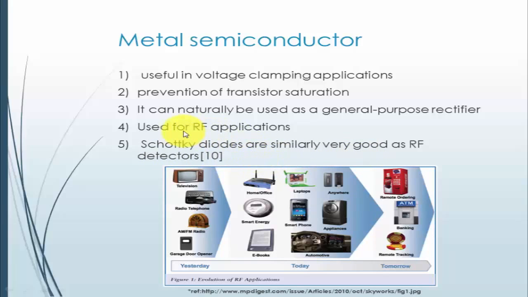In terms of radio frequency applications, they are particularly useful because of their high switching speed and high frequency capability. Their low capacitance and forward voltage drop enable them to detect signals which an ordinary PN junction wouldn't see.